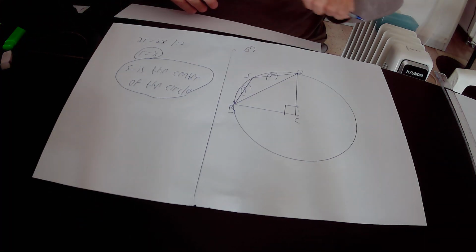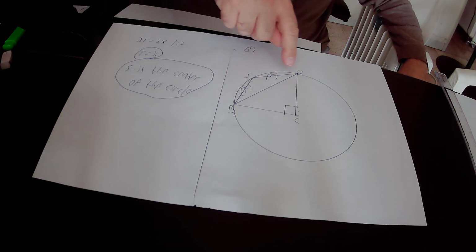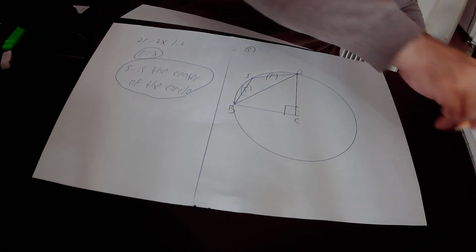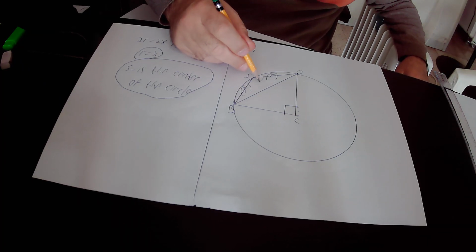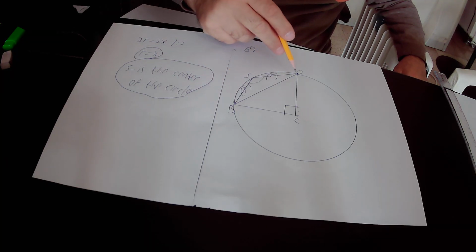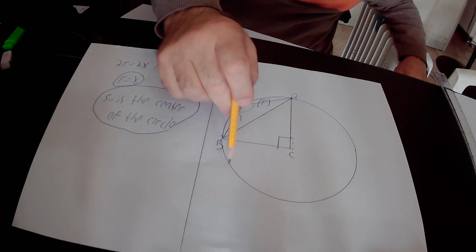Why? Because in our drawing we have, this is peripheral angle BSQ. This peripheral angle BSQ is subtended on RQB.